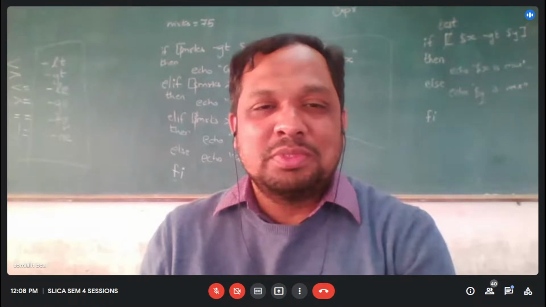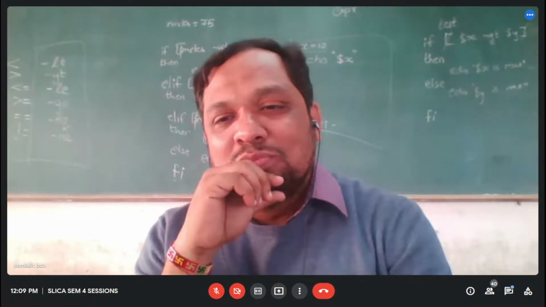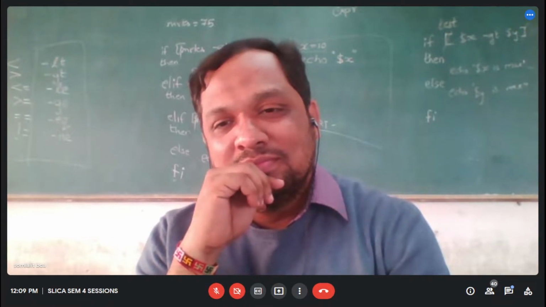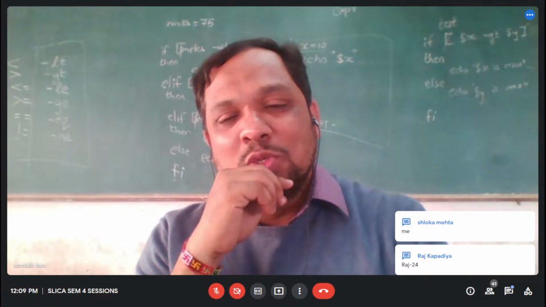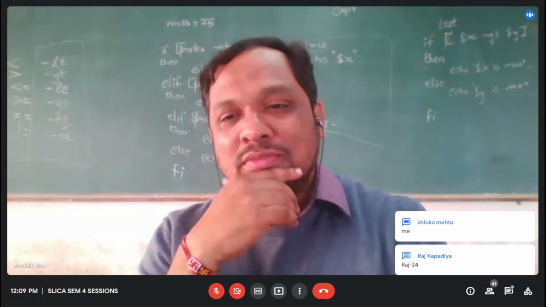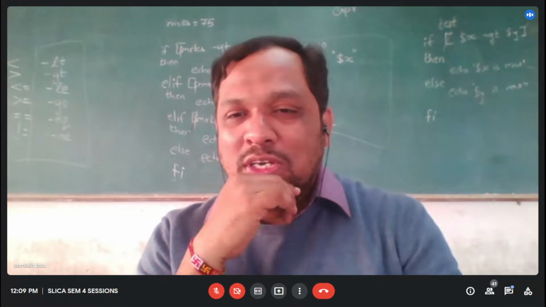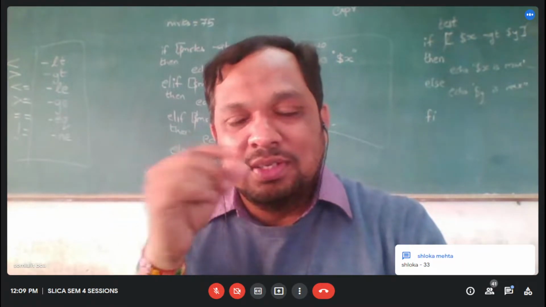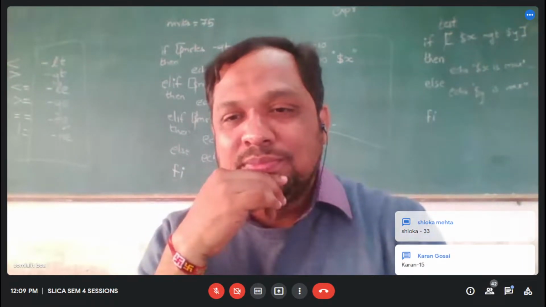Can I know your names? Just the name and the number. Name and the number. Okay, Raj Kapadia is at 24. Good. Shloka, what's your rank? Shloka is at 33. Good.